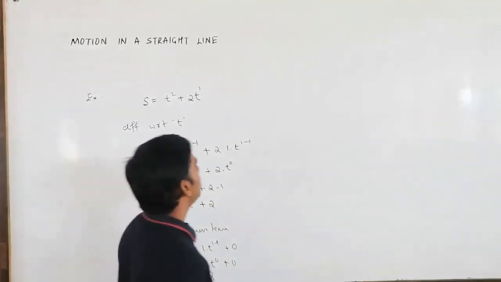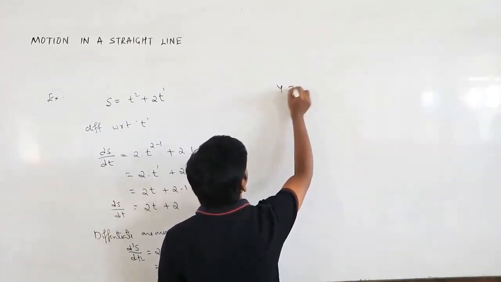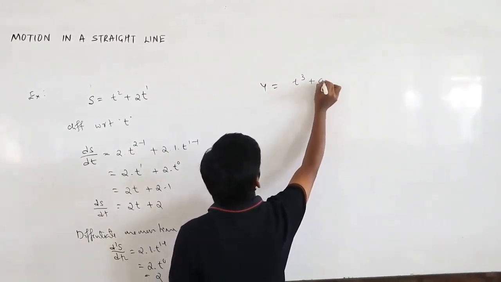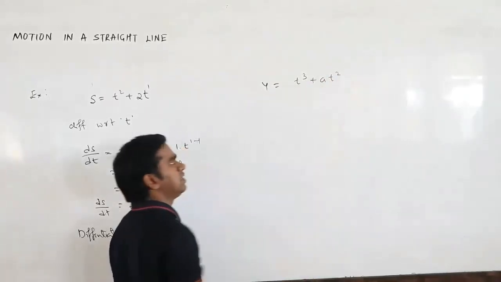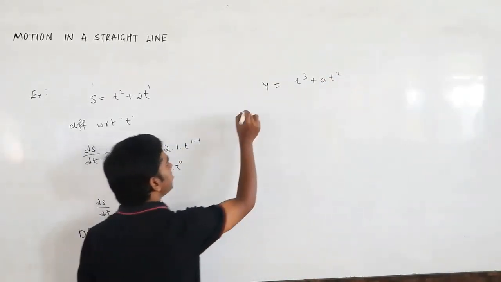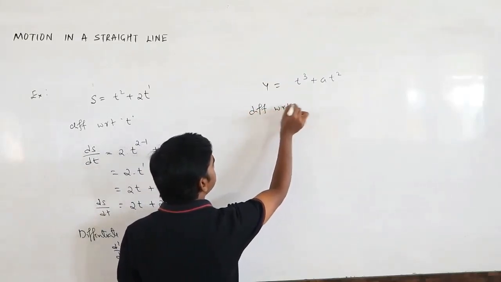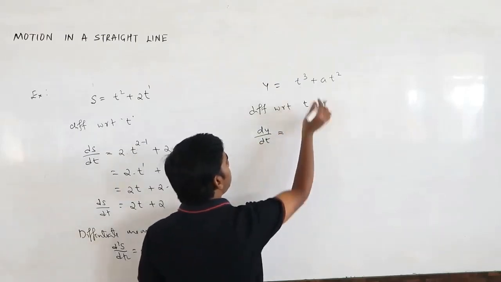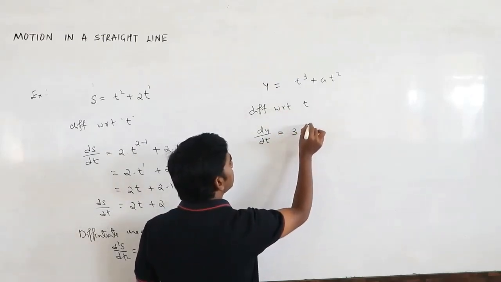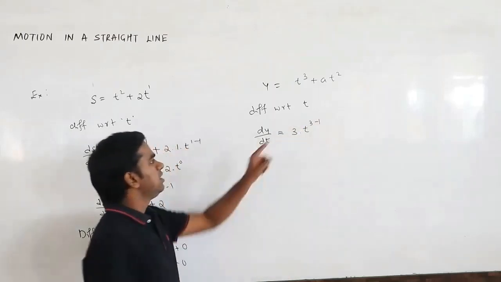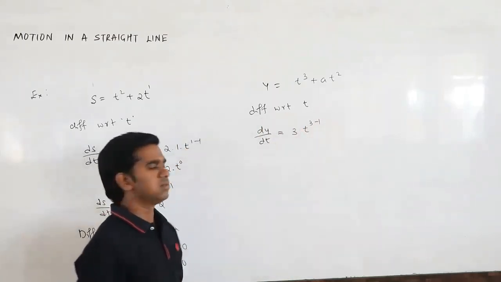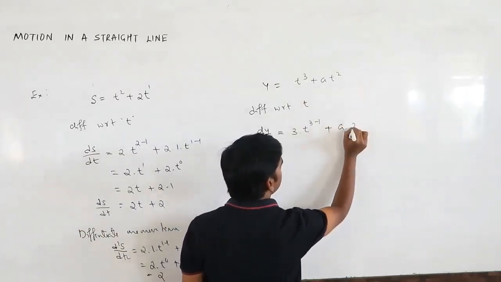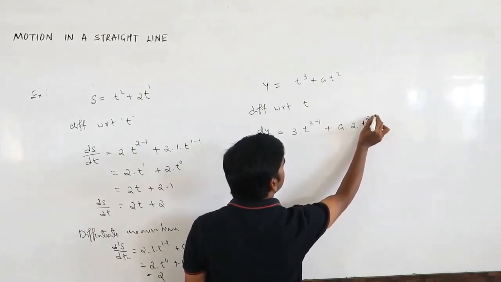Okay. So this is how you can differentiate. I will take one more example. Suppose y equals t cube plus a into t square. Differentiate with respect to t. So what you can write? dy by dt equals 3 into t raised to 3 minus 1, plus a as it is, t square: 2 into t raised to 2 minus 1.